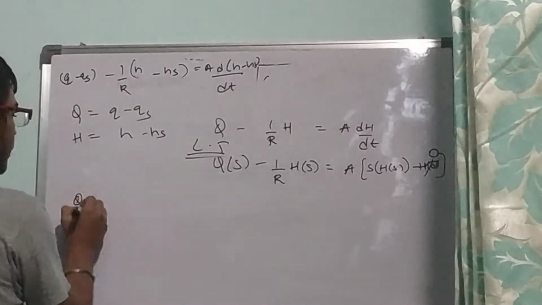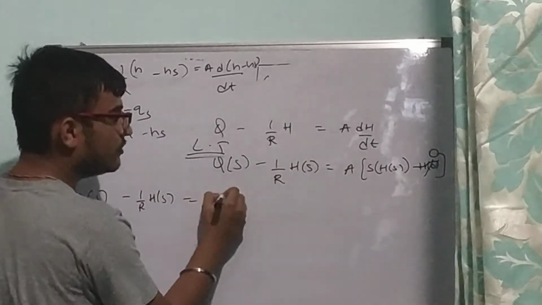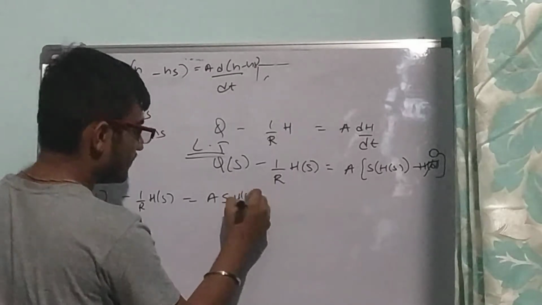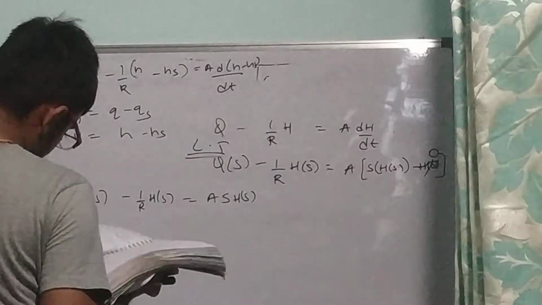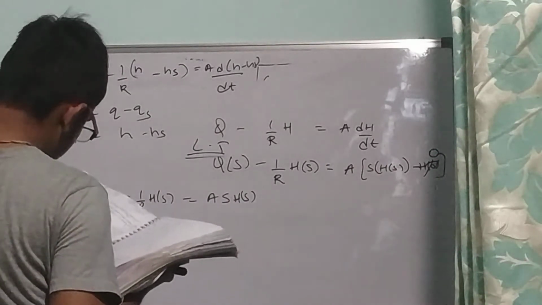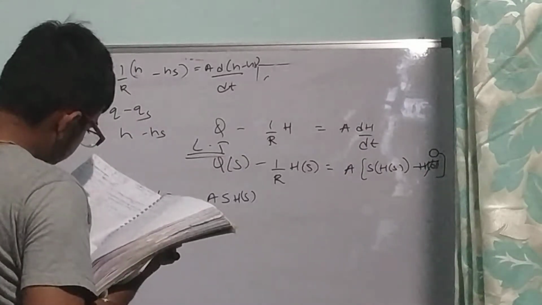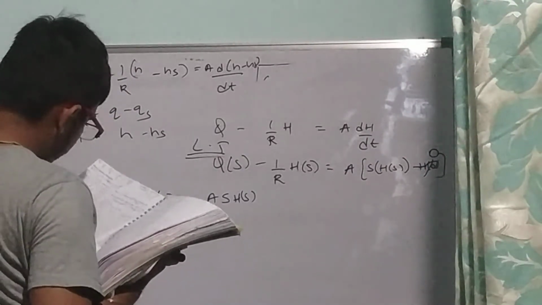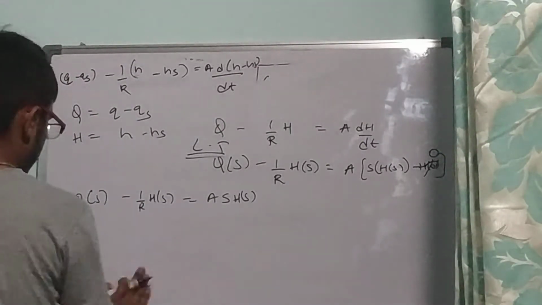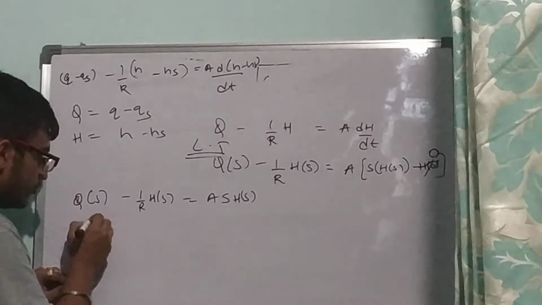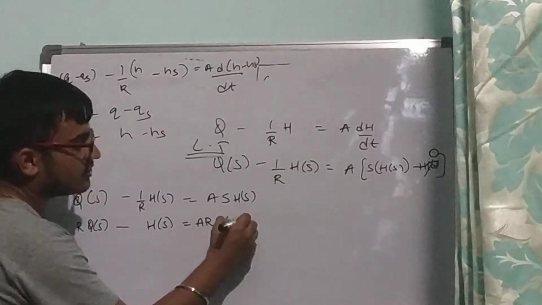So therefore you have Q of s minus 1 by r into h of s is equal to a into s into h of s. Now taking r as LCM, r into Q of s minus h of s is equal to a into r into s into h of s.